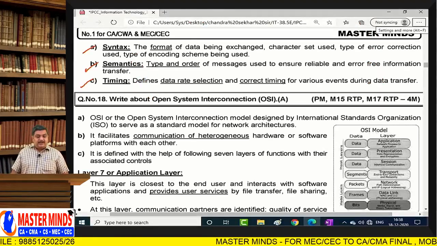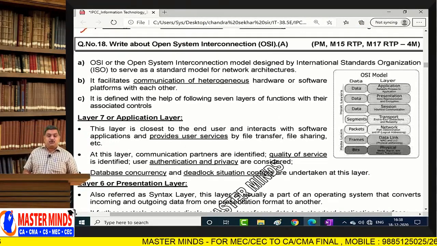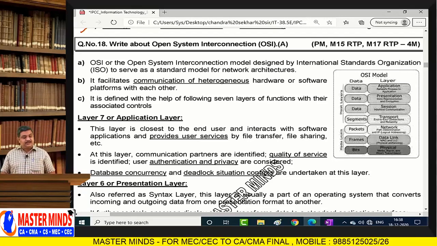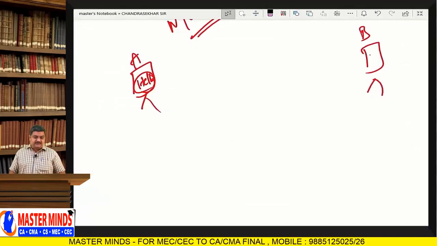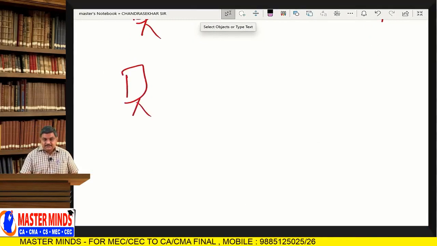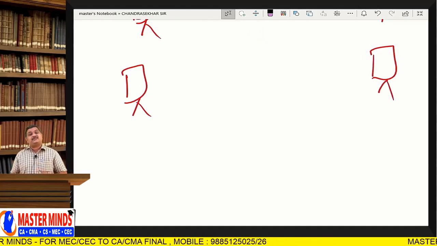Okay. And now, we are going to learn a very important question, OSI model. Open Systems Interconnection. What do you mean by open systems here? Open systems means, I have a computer here and I have another computer here, and these two are open systems.